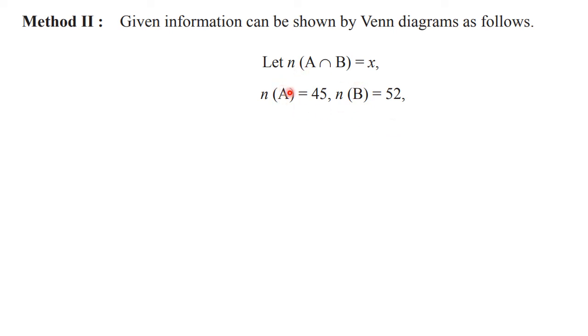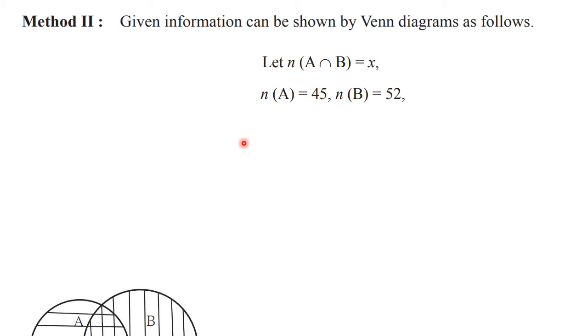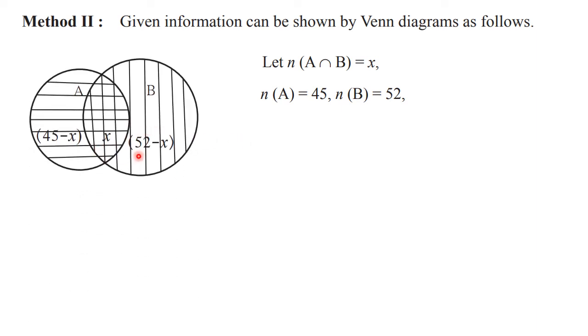So this information we can show by using Venn diagram. Now we are going to draw two intersecting circles. So all of you draw two intersecting circles. When I taught you the operations intersection and union, at that time we saw how to draw the Venn diagram. Okay, so here you will draw it like this.